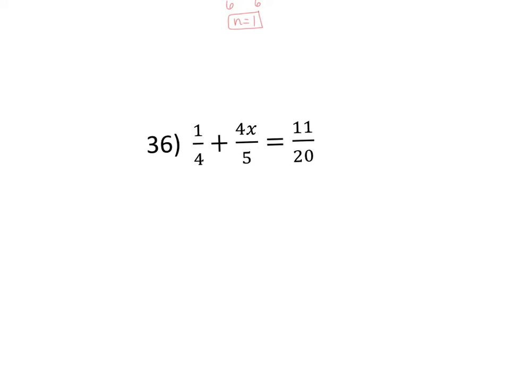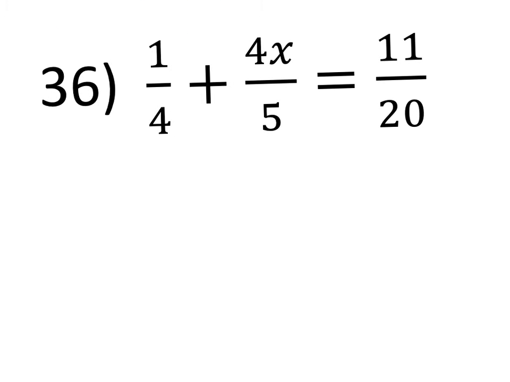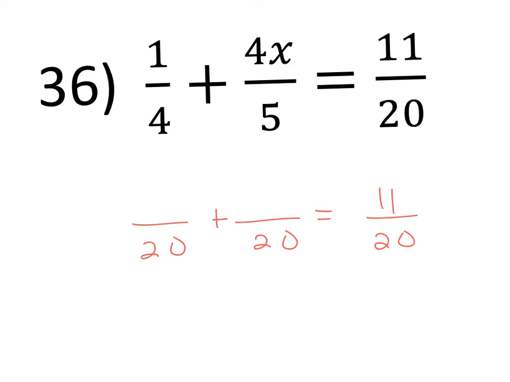Okay, we're going to move to number 36. The common denominator here will be 20, so I'll have 20s on the bottom. I'm going to multiply this one by 5 and get 5 20ths. I'm going to multiply this middle one by 4 and have 16x.